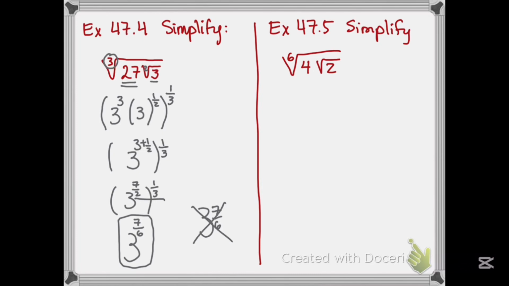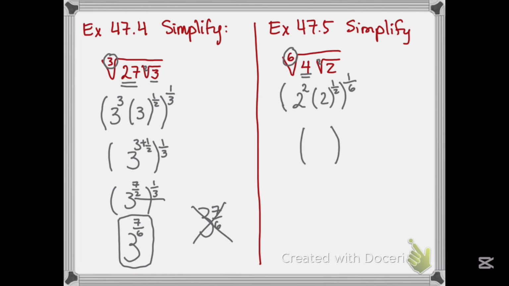Okay, let's do another example. Again, we start by writing our big exponent with the index here, which is a 6. So we put 1/6. Then we want these 4 as a base 2. So 2 to the second power is 4. And these other 2 we're going to put with the 1/2, which comes from here.